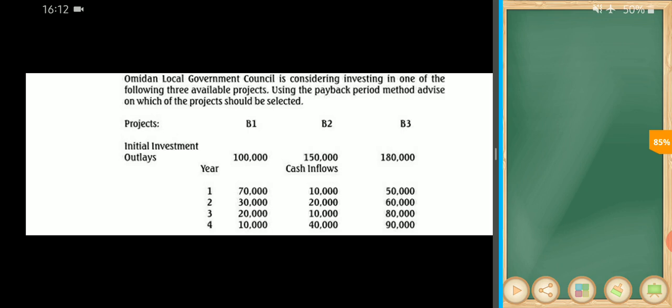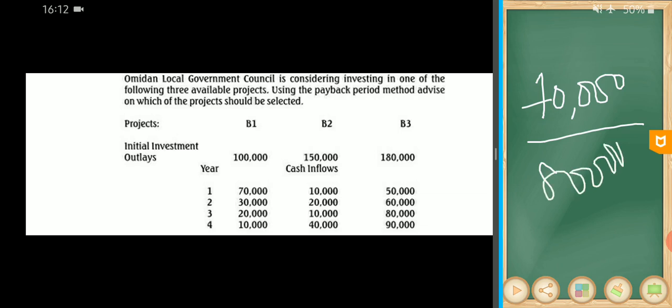So you take that 70,000 that was left to recoup at year 2, then you divide it by the amount you got in year 3, which is 80,000. By the time you do that, you are going to get 0.875. So you recoup your money in two years.